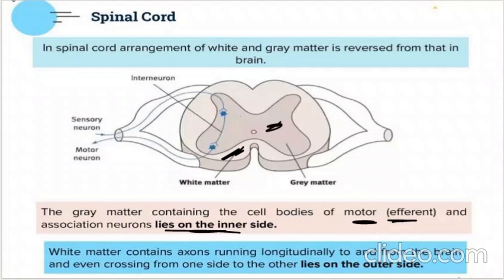The white matter consists of the axons, which are outside. So in the brain the cell bodies are outside and the axons are inside, but in the spinal cord it is opposite: the cell bodies are inside and the axons are outside.